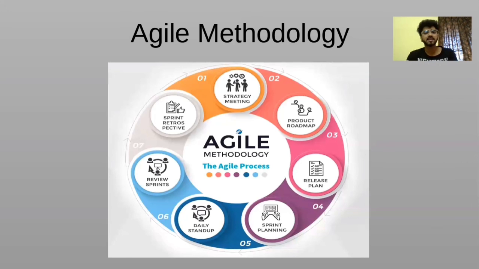So moving ahead, that is the sprint review. Here basically the developer will be giving a presentation, or I can say a demo, to the product owner, who will be a reflection of the client.